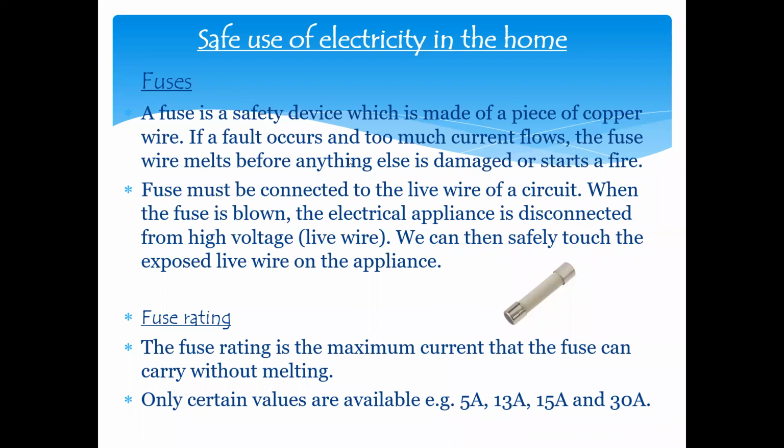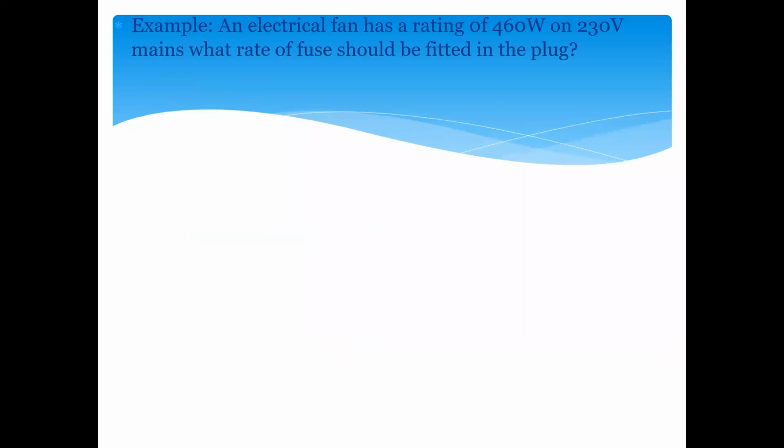Whenever we are using electrical components, you will always find we use a fuse. For example, there is an electric fan which has a rating of 460 watt and voltage 230. What fuse should we plug in? First we should know how much current is passing.